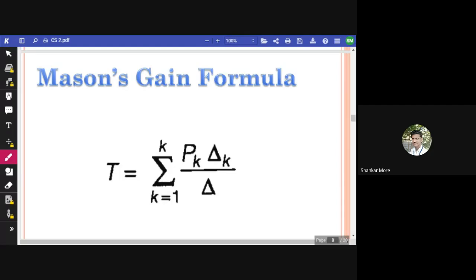Now what is Pk, what is del k and what is del? Okay, we have already learned to calculate all these things. Pk will be the forward path. Now P1 will be the first forward path. Guys understand, P1 will be the first forward path. Similarly we have P2, P3, P4.